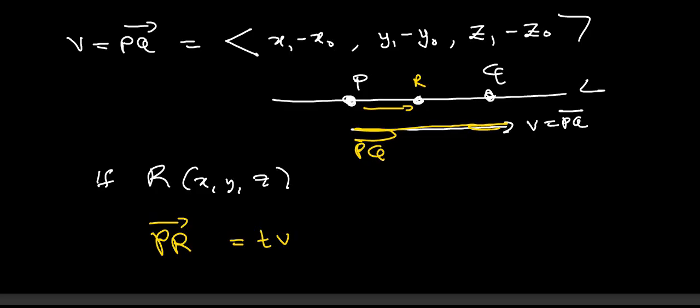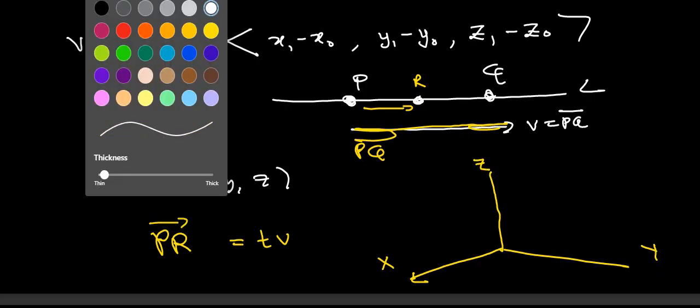Yes, in 3D, the direction vector, exactly. In 3D it's going to look like this: you have your X, your Y, and your Z here, and we want to show these two points.